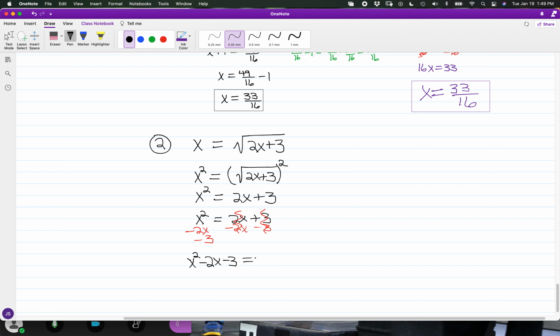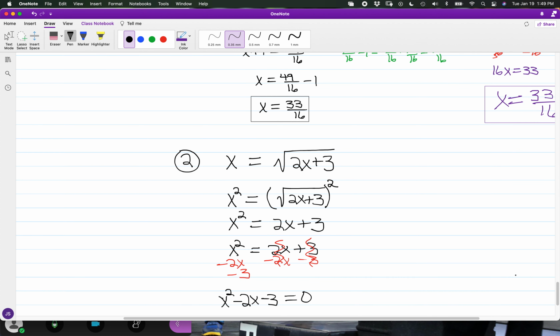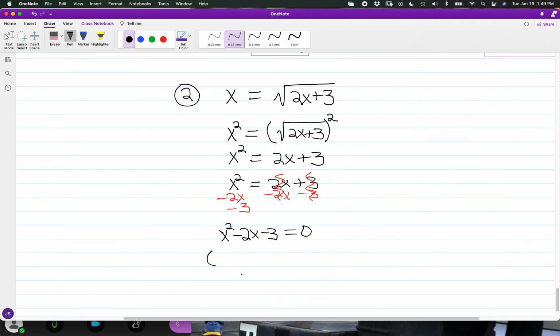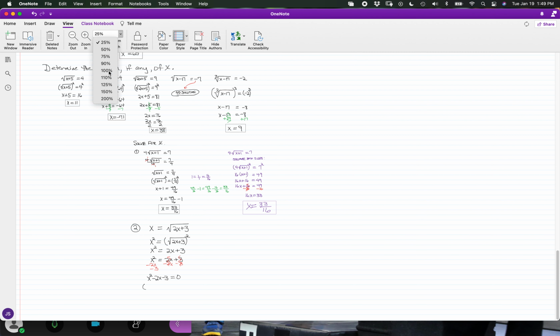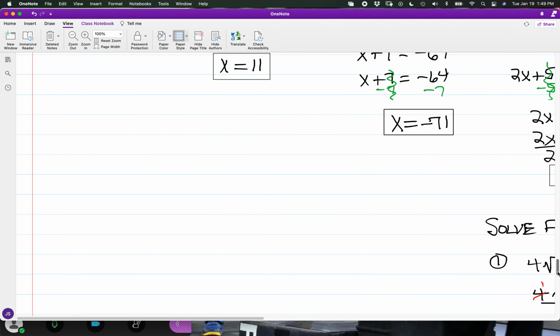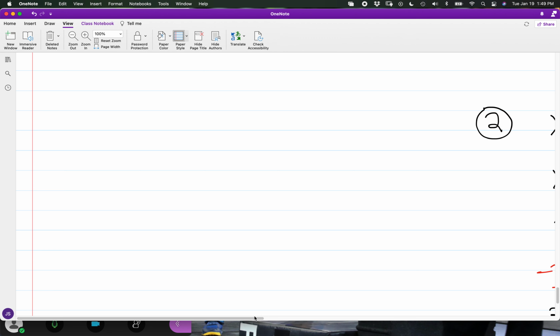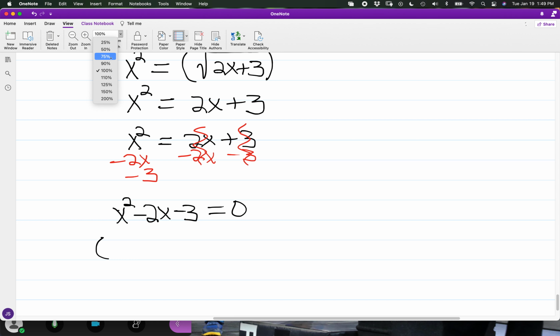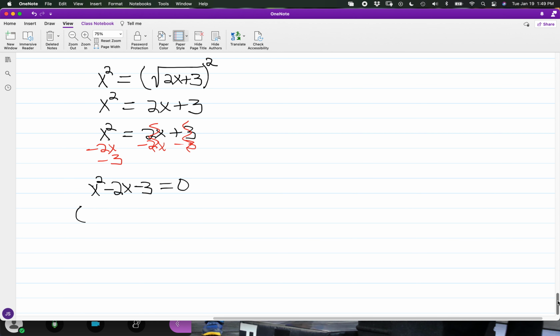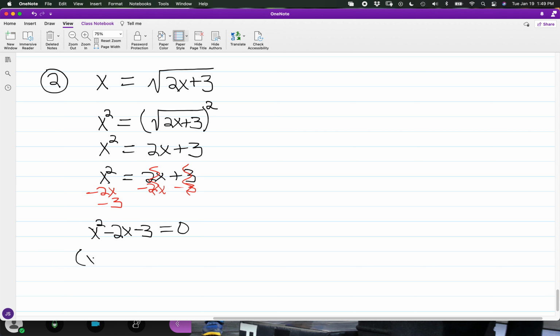Okay, so I have x squared minus 2x minus 3 is equal to 0. All right, so looking at what we've got now, for x squared minus 2x minus 3, we have with our factors, we have the quantity of x plus 1 times that of x minus 3 is equal to 0.